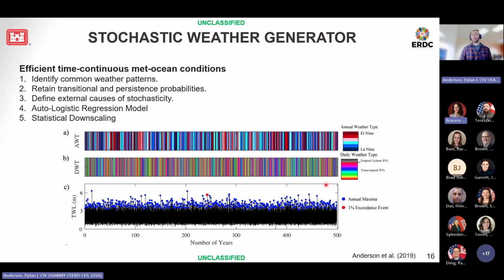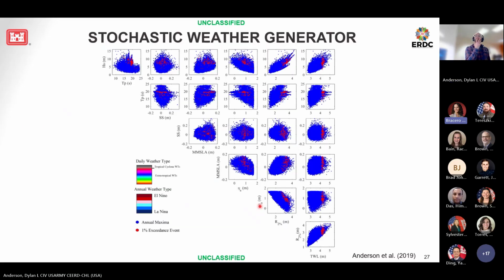And that total water level is all of the different water level components, from tides to seasonal components to water level to the storm surge, all being added together with a run up on top of them. And the blue dots are the annual maximum, and that 1% exceedance event would be the 1 in 100 year event in a 500 year time series. That's your 5th largest event, but it's your 1 in 100 year event in that synthetic 500 year time series.